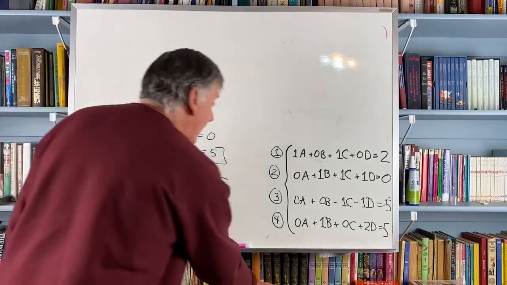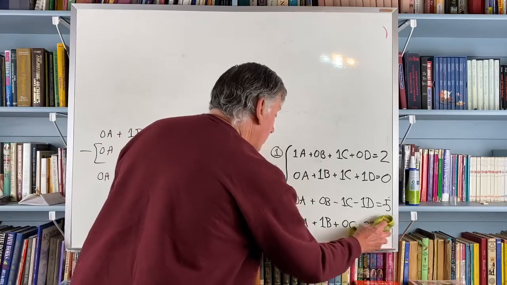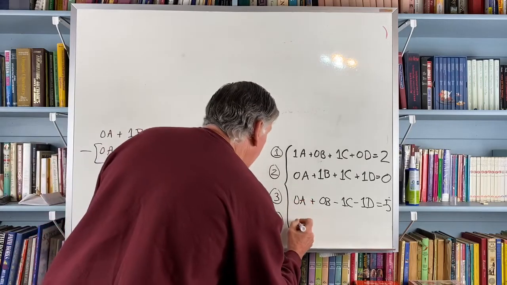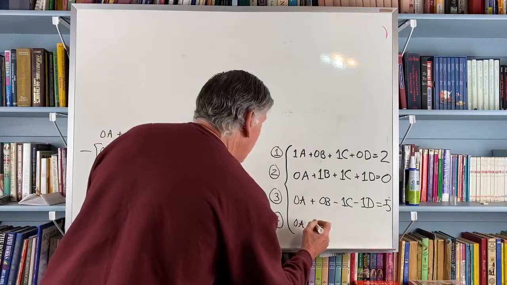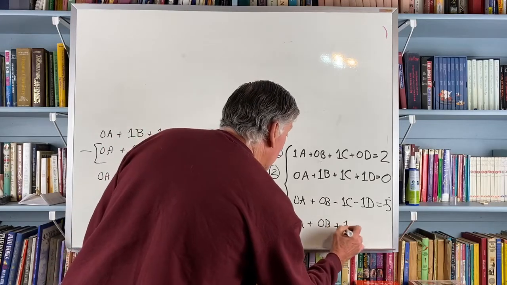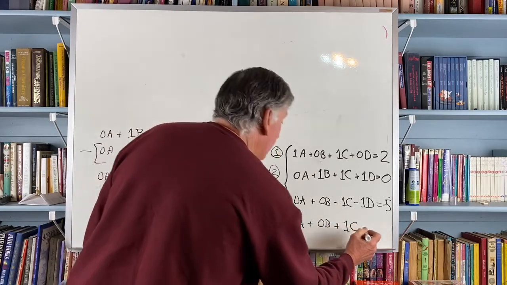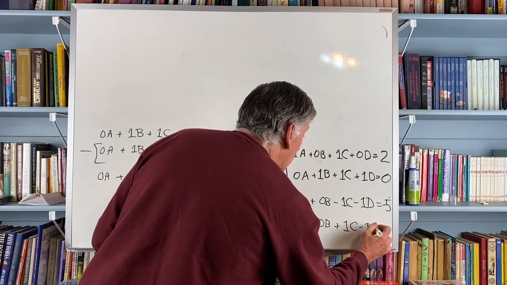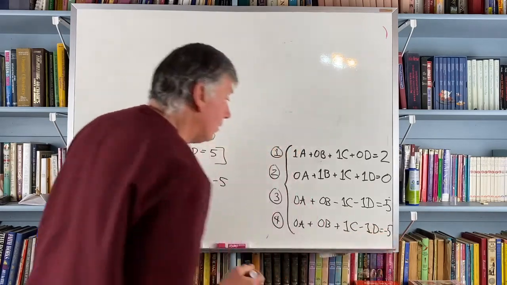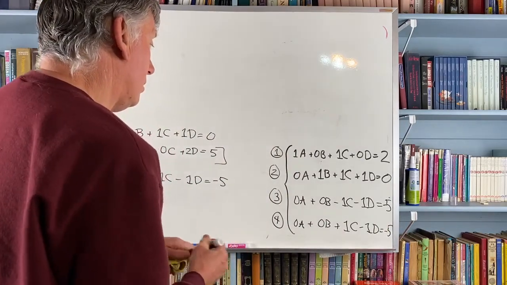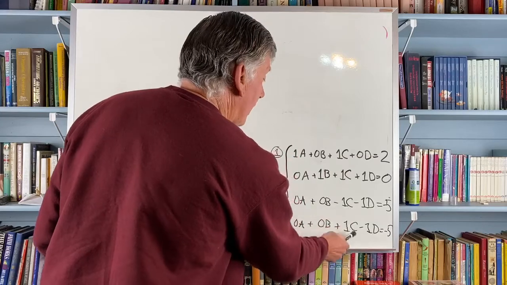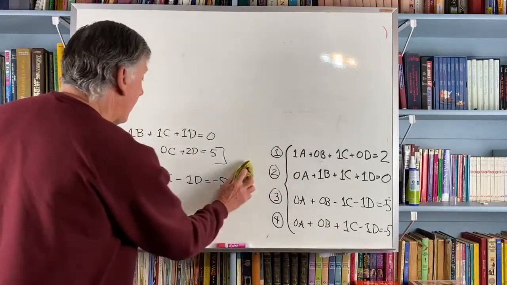So I can now write that in here: 0a plus 0b plus 1c minus 1d equals minus 5. I see right now that I actually am done.